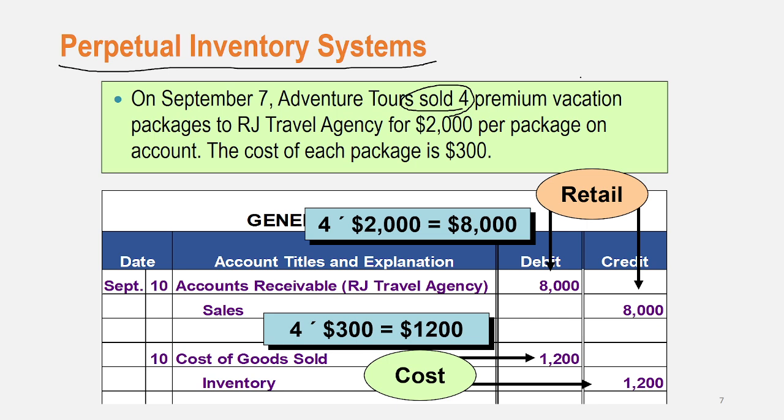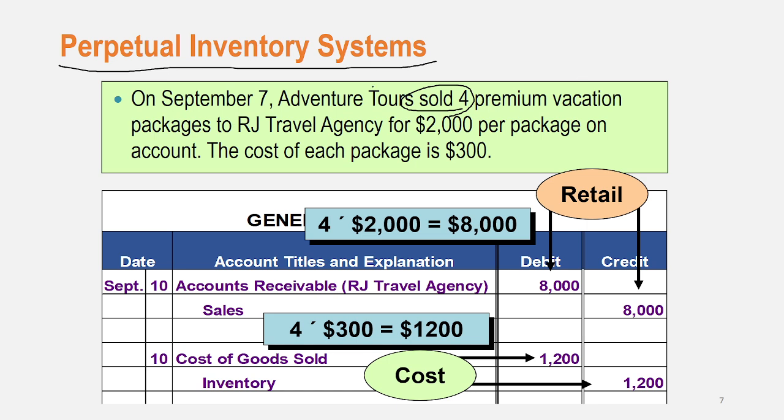So in these conditions, the recording of the selling should take place on two different levels. The first level is to record the revenue from the sales, and the next level is to record cost of goods sold to reduce inventory.